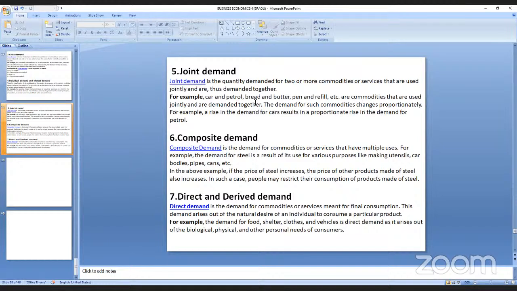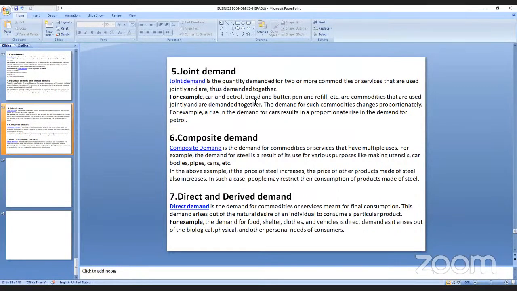For example, demand for steel results from its use for many purposes like making utensils, car bodies, pipes, cans. Only one steel is used for all these things. If the price of steel increases, then the price of the products made of steel also increases.